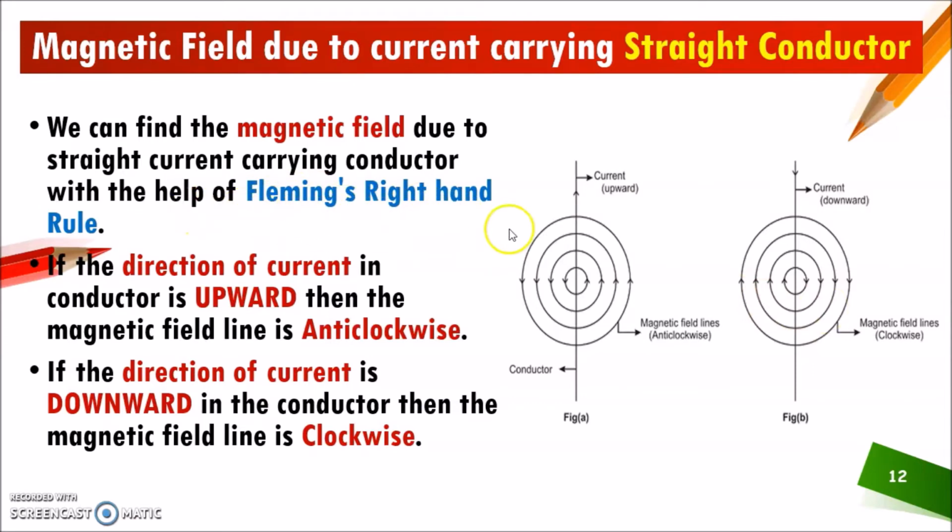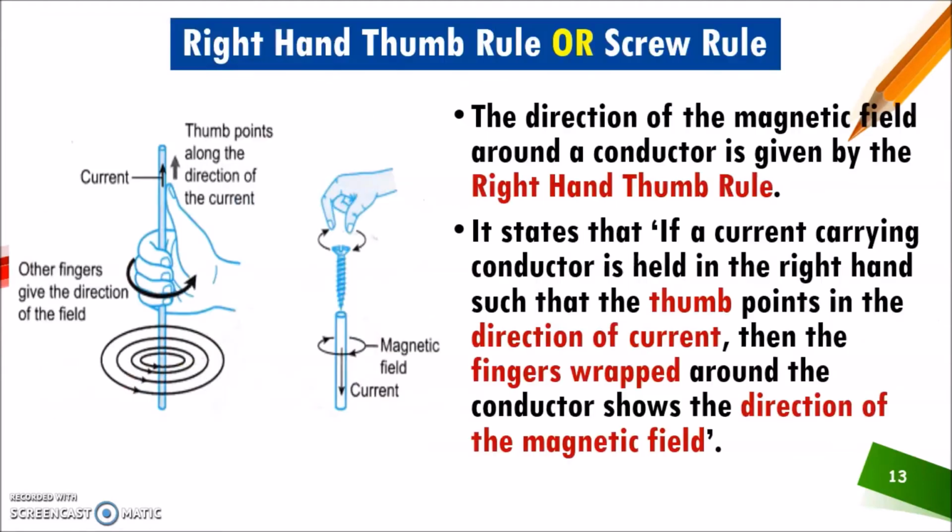Now what does this rule say? The direction of magnetic field around a conductor is given by this rule, Fleming's right hand rule, also known as the screw rule.